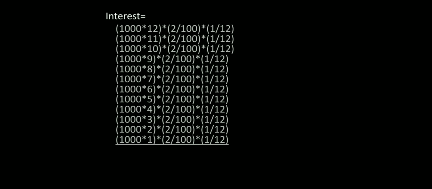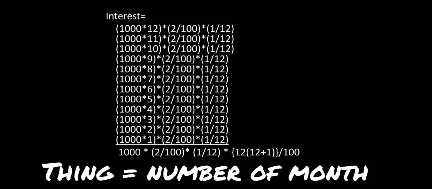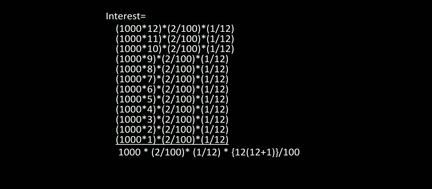After the lazy mathematicians discovered this, we can say that 1000 is common, so take it out. Then 2 by 100 is common in all, take it out and multiply it with 1000. 1 by 12 is again common, take it out and multiply it to the product we have. Now the thing multiplied to the principal in every month is 12, 11, 10, 9, 8, 7, 6, 5, 4, 3, 2, 1.